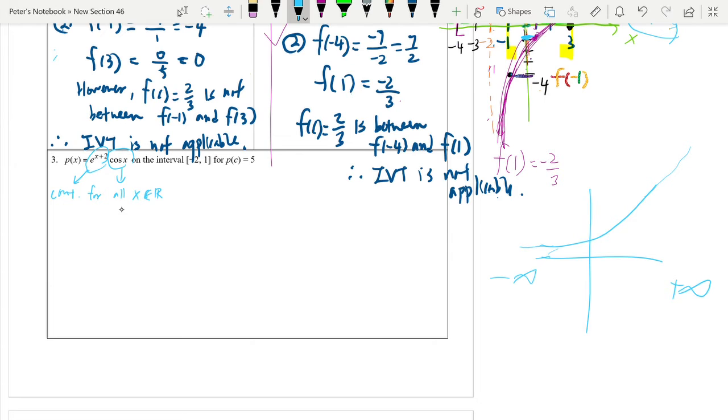So the cosine function looks something like this, right? You folks have seen me draw this, and this is a periodic function where it keeps going on to negative infinity and positive infinity. And there's no hole for this one either, or any vertical asymptote whatsoever.